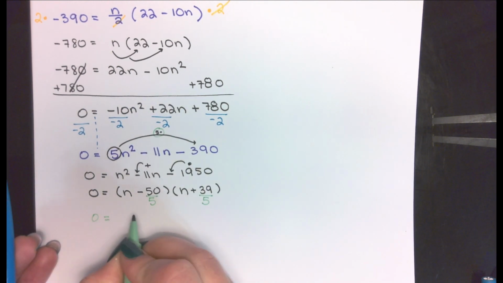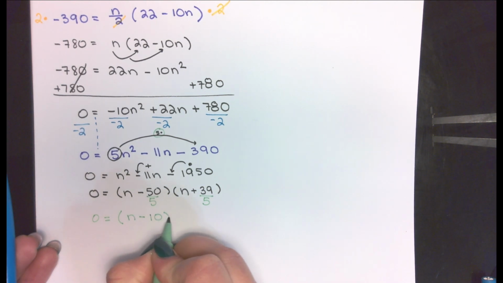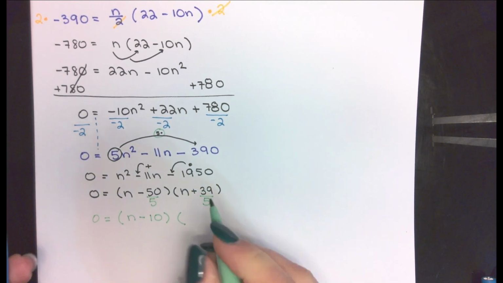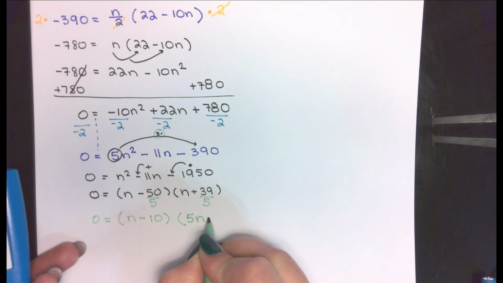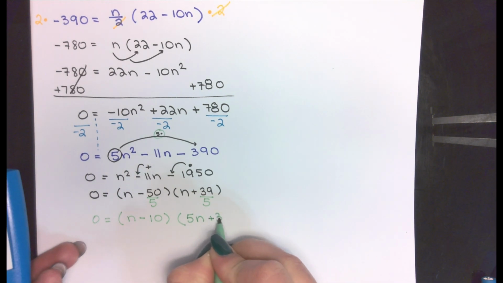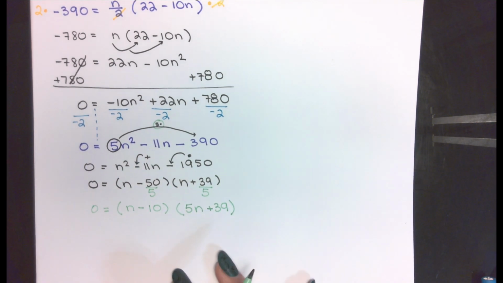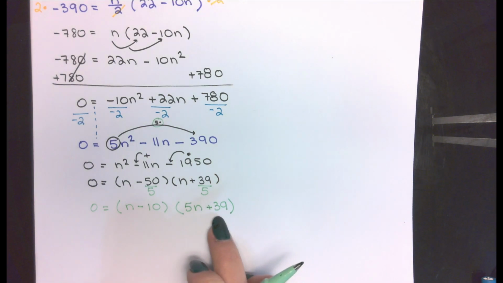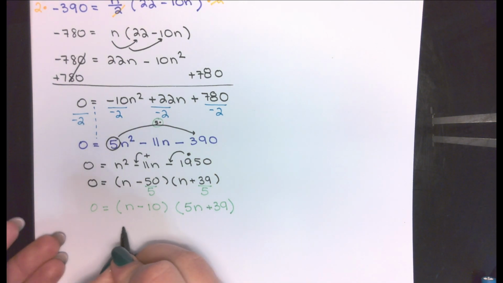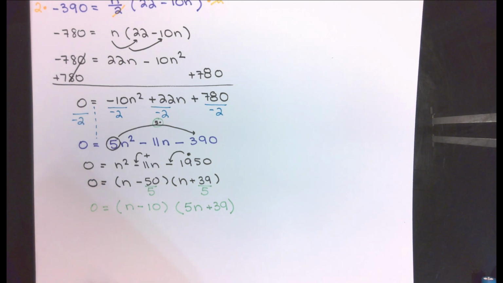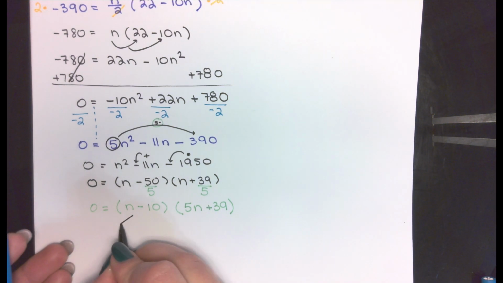So 0 is equal to n minus 10, and 39 is not divisible by 5, so 5n plus 39. At this point, you should get an uncomfortable feeling about 5n plus 39. You should know that if we were to solve this, it won't work, because it will not give you a whole number. But let's keep going.